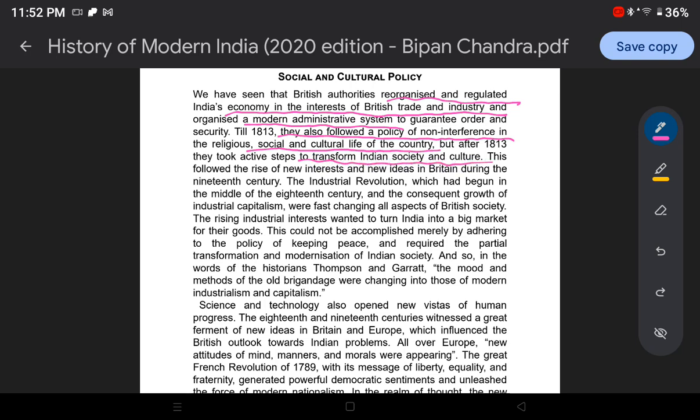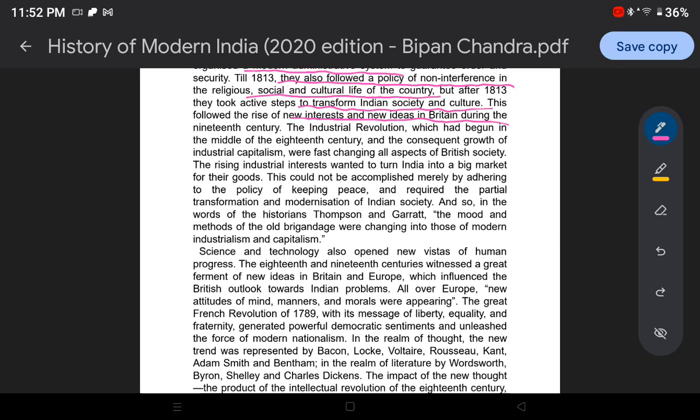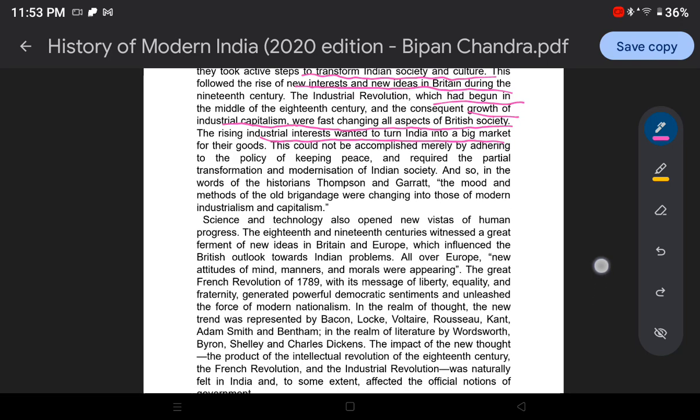This followed the rise of new interests and new ideas in Britain during the 19th century. The Industrial Revolution, which had begun in the middle of the 18th century, and the consequent growth of industrial capitalism were fast changing all aspects of British society. The rising industrial interest wanted to turn India into a big market for their goods.